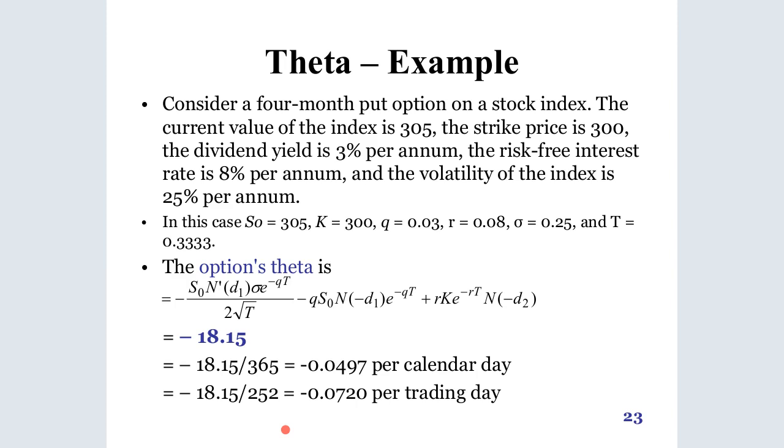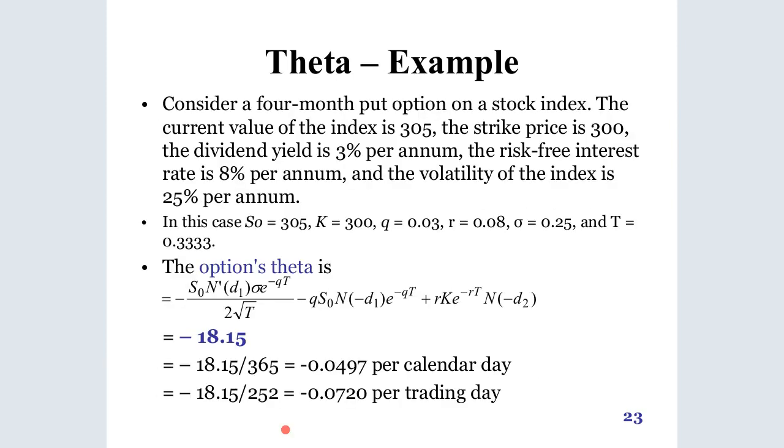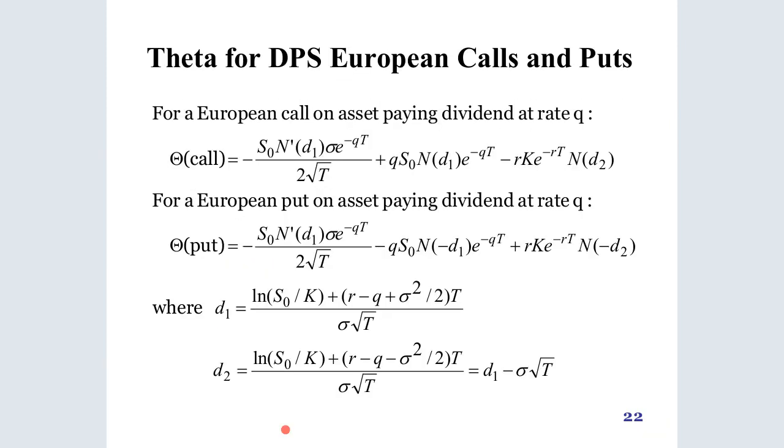If I were to give you an example, this is an example for a 4-month put option on the same index that I had in the last case. T is 4 months, so 4 by 12, 0.3333. So what is the theta of the option? This is a put option, so I should use this expression for dividend paying stocks.